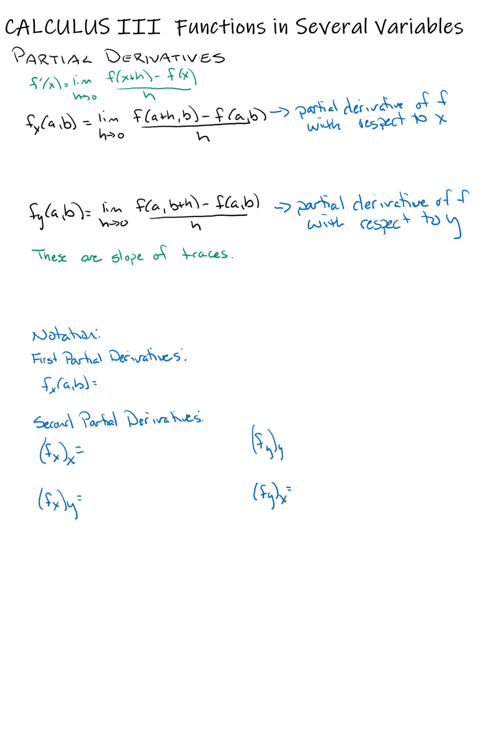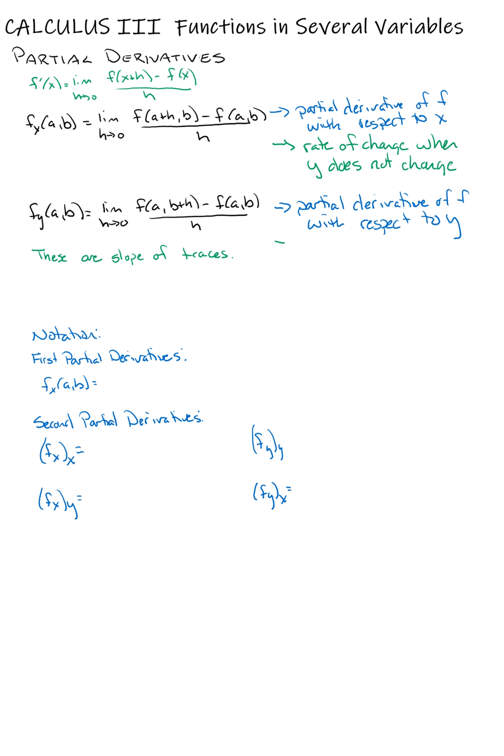Now, just so you understand what this kind of means, we can say this first one is the rate of change. Remember, the derivative is a rate of change. But since it's with respect to x, it's when y does not change. So y is like a constant here.